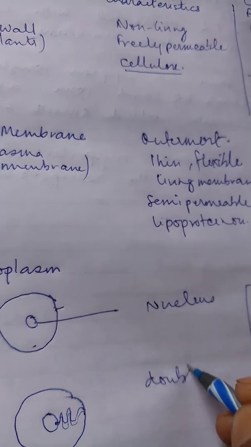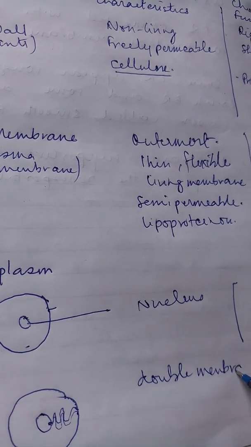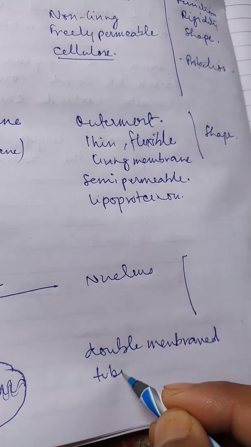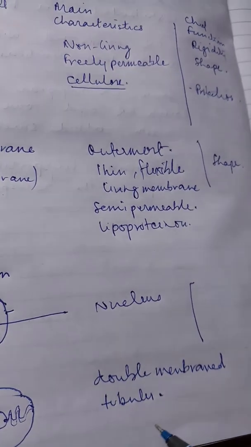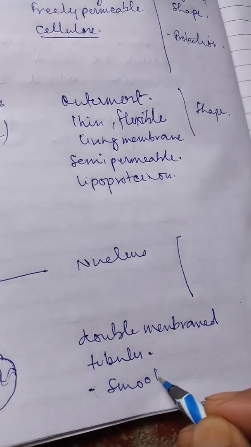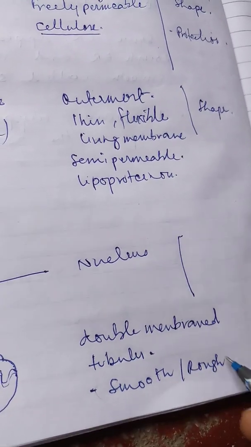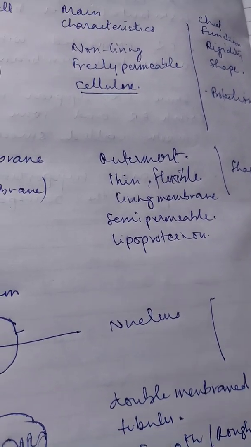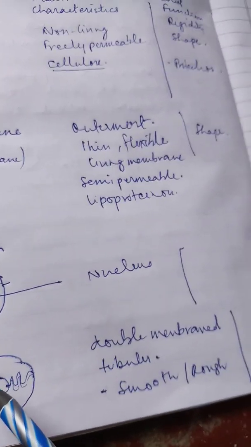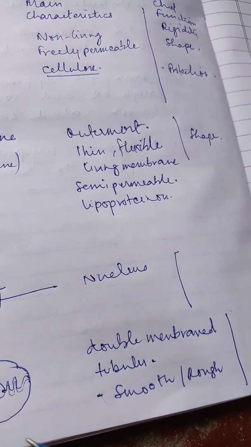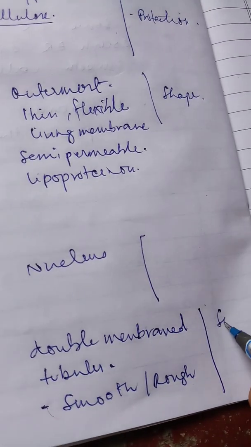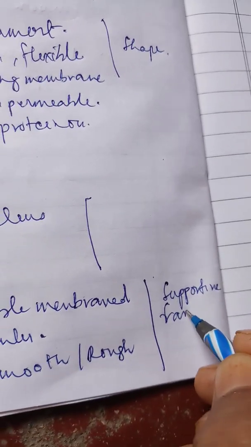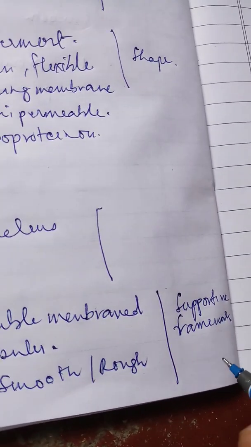Double membraned tubules, which may appear smooth or rough due to the presence of ribosomes. Now the function of the endoplasmic reticulum: as it appears in the form of a network, it provides a supportive framework to the cell.